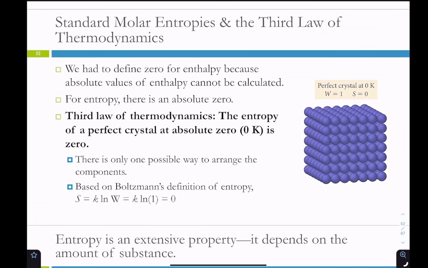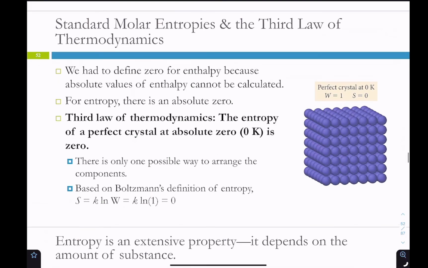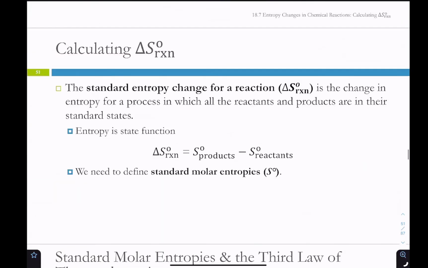If these atoms are locked in place, then there is a single possible way to arrange the components. So when we use Boltzmann's definition of entropy, the natural log of that one state is 0, times the Boltzmann constant gives us an entropy of 0. So the molar entropies that we use to calculate entropy of reaction are based on that absolute 0.